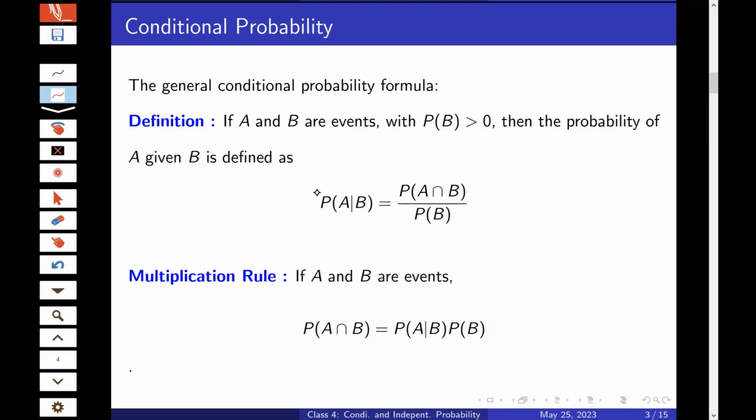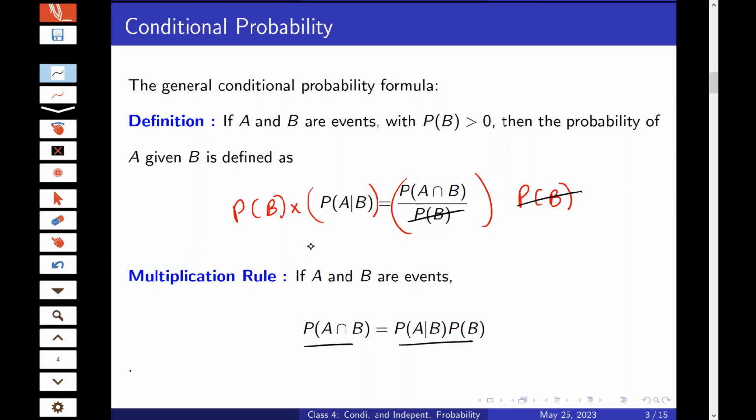So we can multiply both sides by P(B). P(B) is greater than 0, so we can multiply by P(B). Okay, so I'm going to multiply this one by P(B). What happened here is the P(B) is cancelled, and A intersection B is remaining on the left hand side, and P(B) times P(A given B) is on the right.